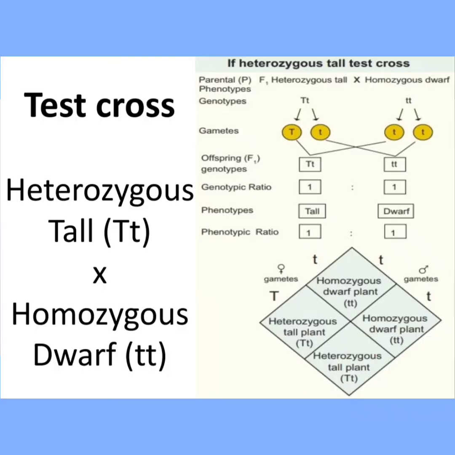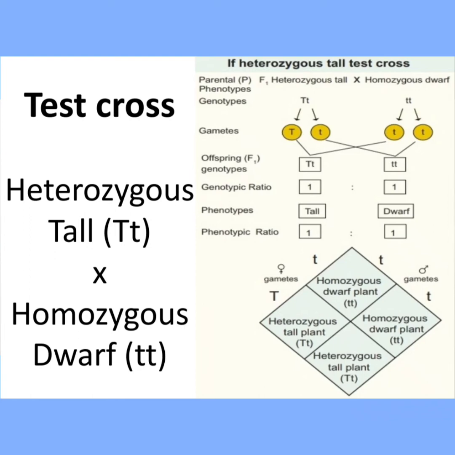Here you can see a heterozygous tall test cross, where from the F1 generation heterozygous tall, capital T small t, is taken and crossed with homozygous dwarf. The capital T small t will produce gametes capital T and small t, and the homozygous dwarf will produce gametes small t alone. When they are crossed, the genotypes obtained in the F1 generation are capital T small t and small t small t.